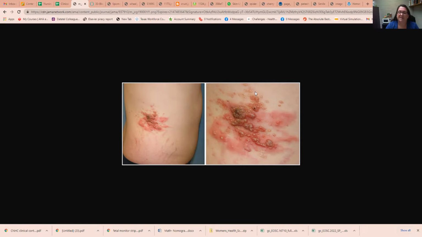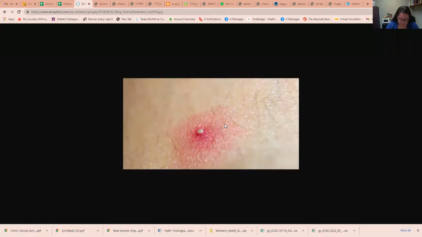It's a vesicle if it's filled with usually clear fluid. A vesicle doesn't have pus, but if it develops pus, then it is a pustule. So this is an example of a pustule that looks like it's an ingrown hair.